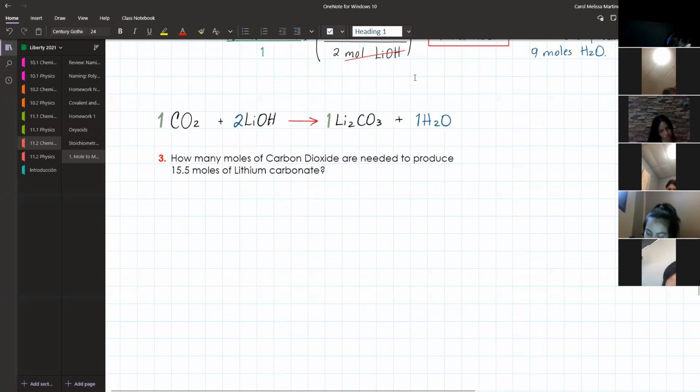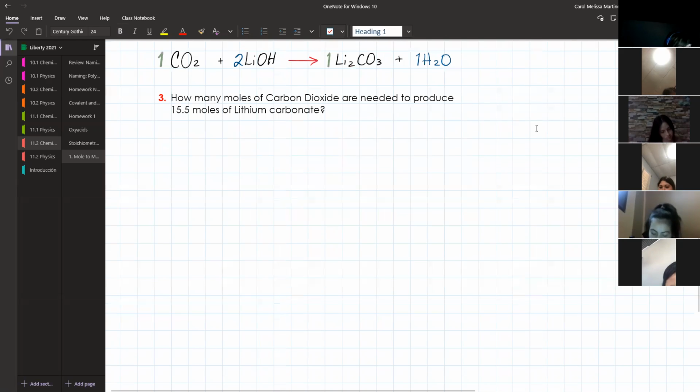Okay, for the third question, it says, how many moles of carbon dioxide are needed to produce 15.5 moles of lithium carbonate? Now, what happens with this question? This question has a little different structure, okay? What is the unknown and what is the given here?